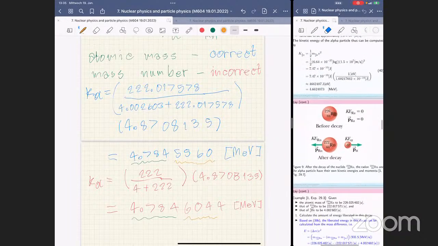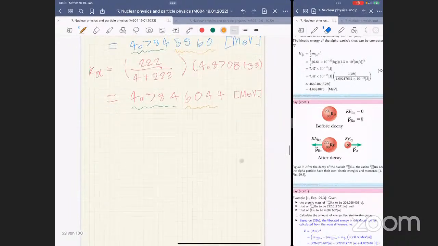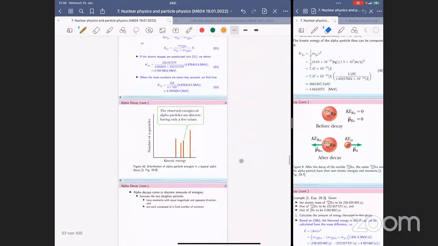The radium-226 is decomposed into radon-222 and a single alpha particle, and they get the kinetic energy with this amount, 4.784 mega electron volts. Okay, it's quite high. Now let's move to the next story.